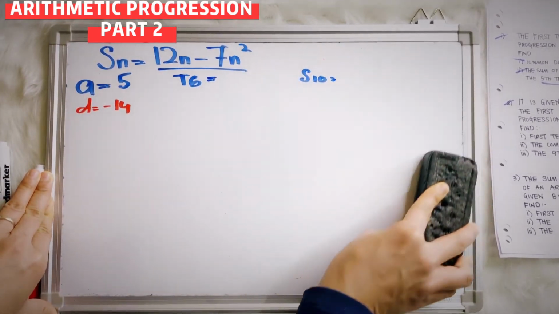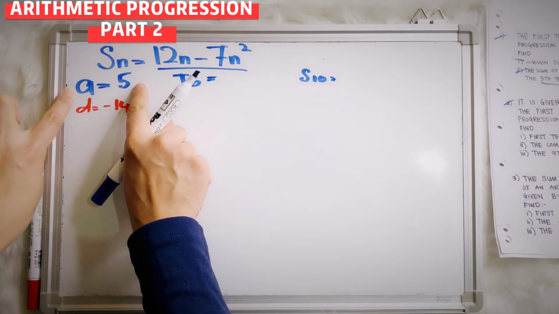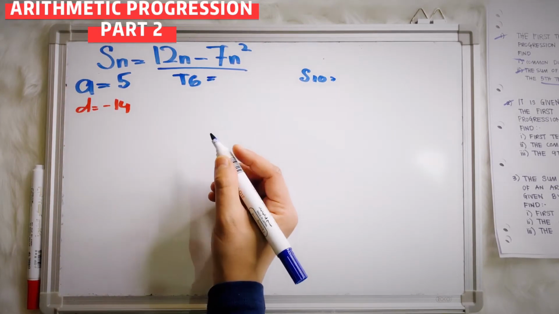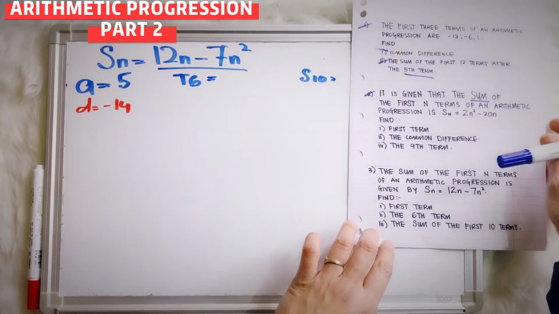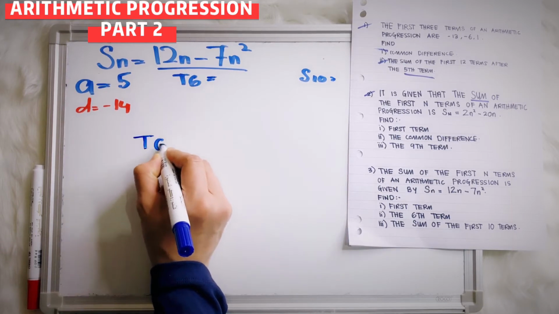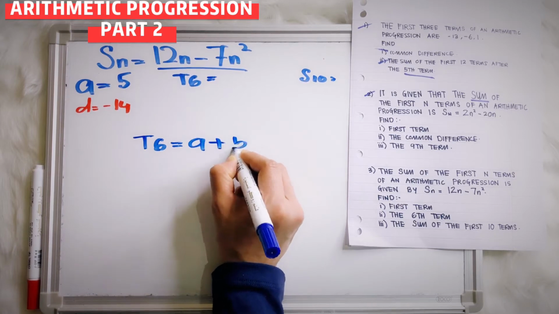Next we already have our a and d. Now we want to find our T6, because we want to find the sixth term. So T6 equals a plus 5d.